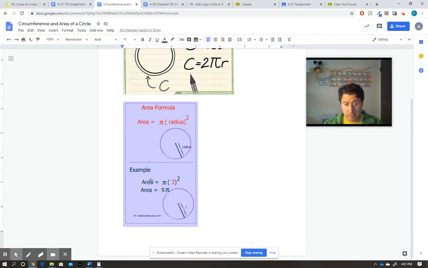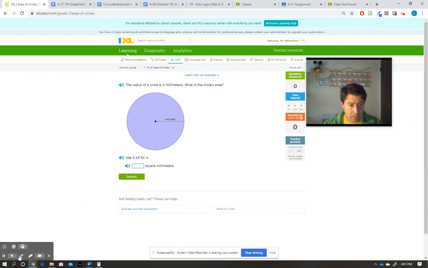So you'll see it written like this, pi r squared. And I'll write that on our screen in just a second. Let me get back to here. So when you see it in a lot of your math books, it's going to look like this, pi r and then squared. Okay, so that's what area equals for a circle.